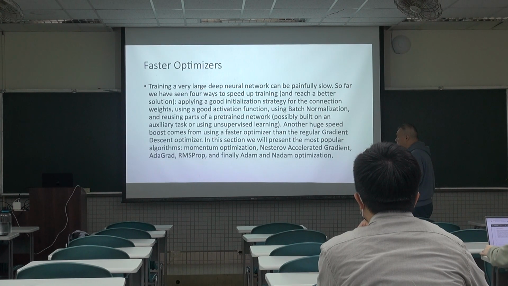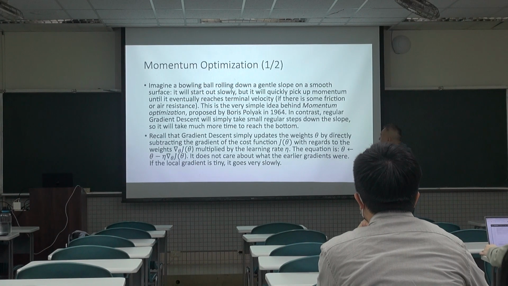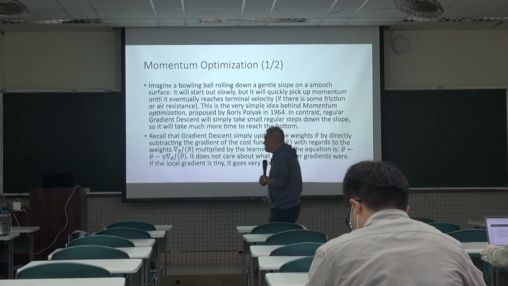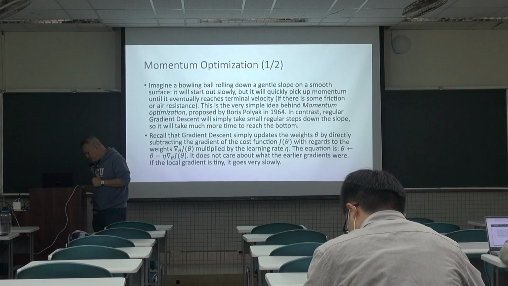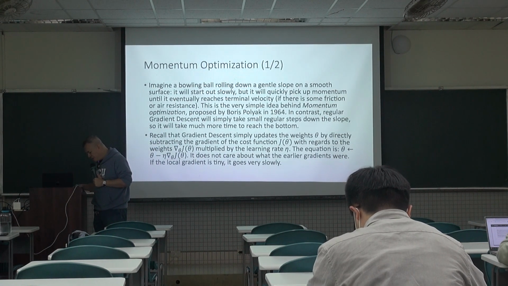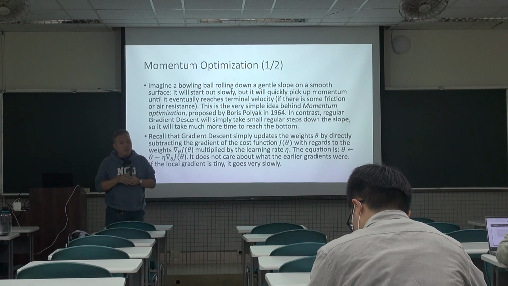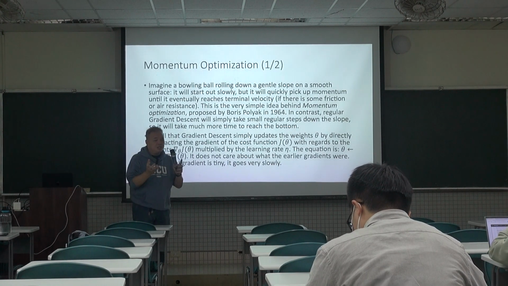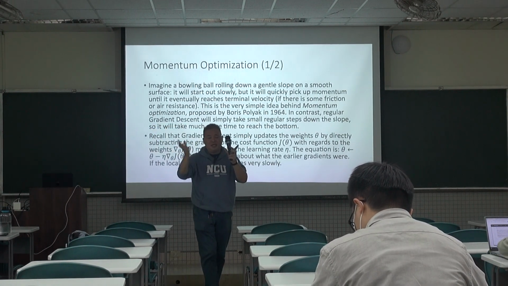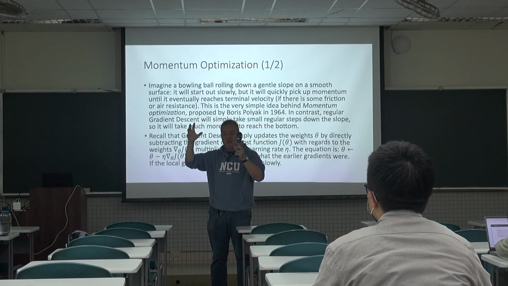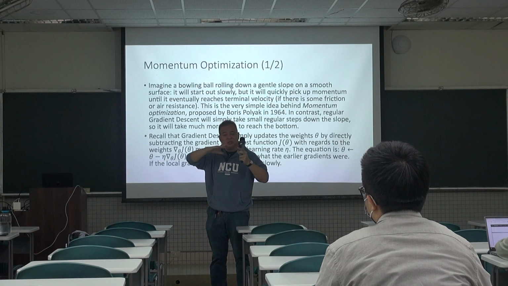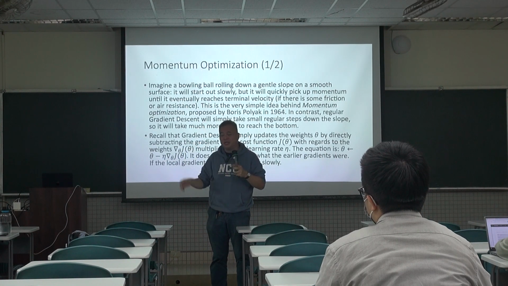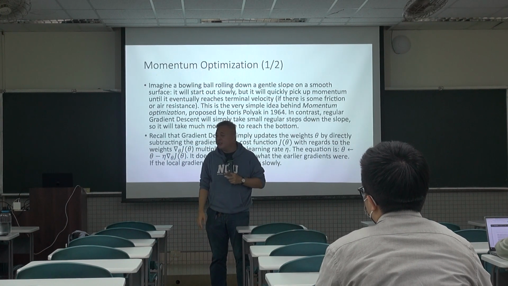So the first one is momentum. What is the momentum optimizer? Remember the rolling ball on the surface example when I talked about gradient descent?